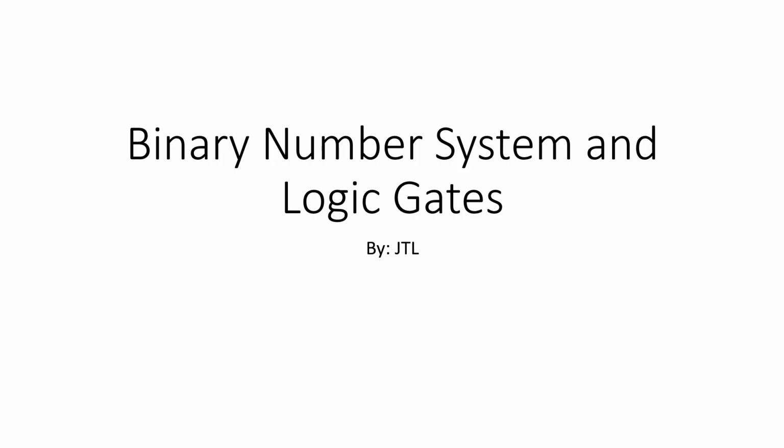Before discussing binary number system and logic gates, let's have first a short review with regards to the different components in electronics. One of these is the diode, that controls the flow of the current.